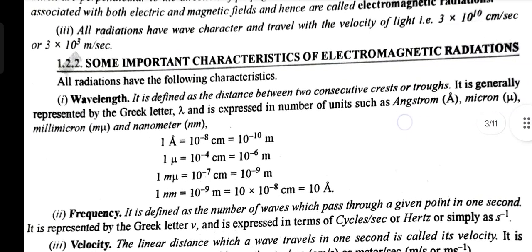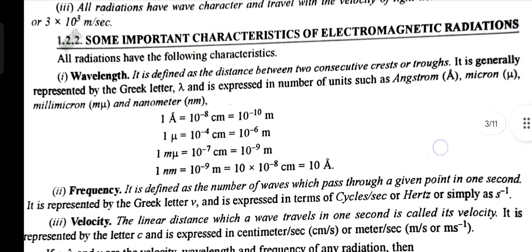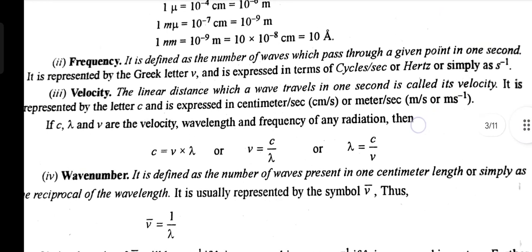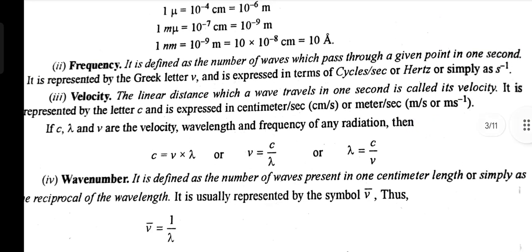First, wavelength. It is defined as the distance between two consecutive crests or troughs. It is generally represented by the Greek letter lambda and is expressed in units such as angstrom, micron, millimicron and nanometer. Second, frequency. It is defined as the number of waves which pass through a given point in 1 second.